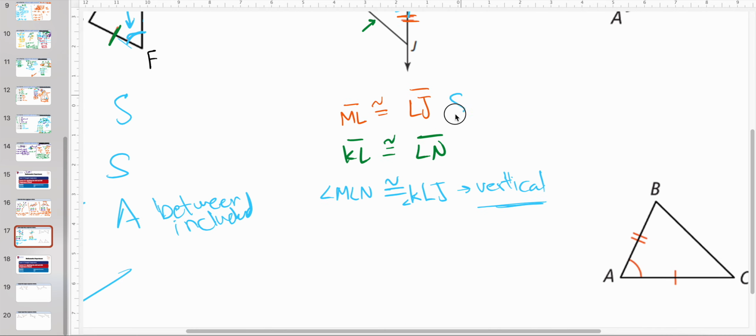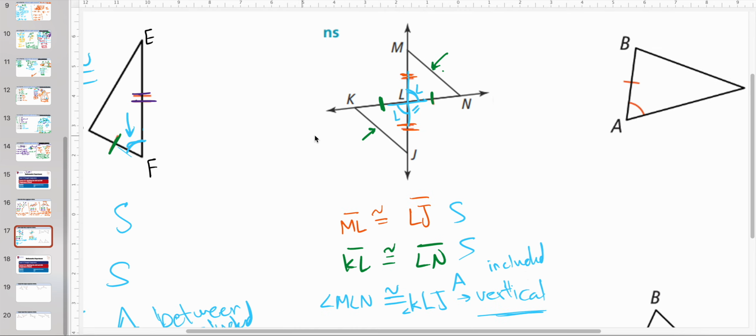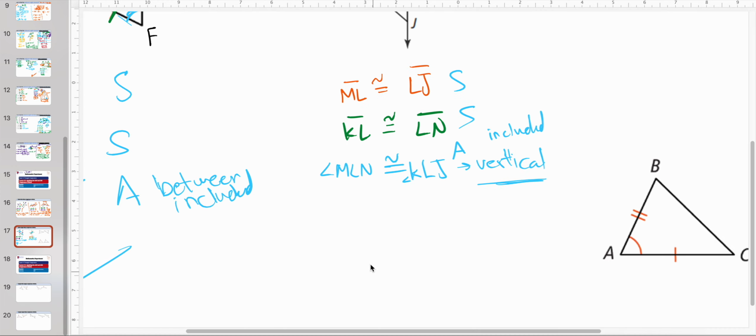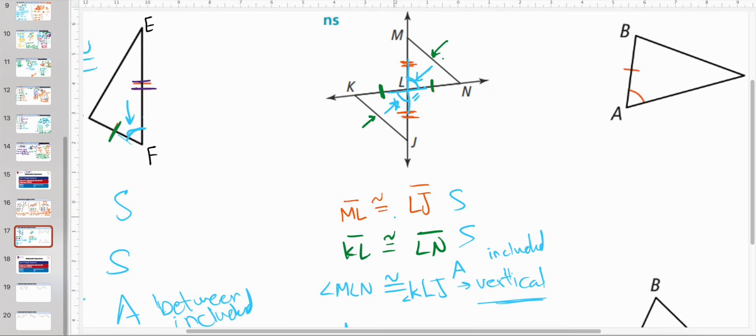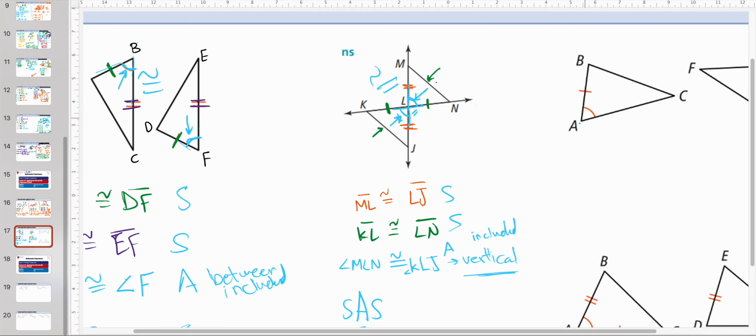Now I have side, and the angle is included, which means that it's in between. The angle is between the two sides. Okay? Therefore, it follows side, angle, side, the angle must be included. Rule, then these two triangles are congruent. That's it. Very easy, very simple.